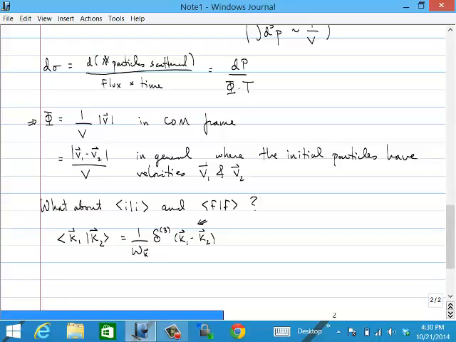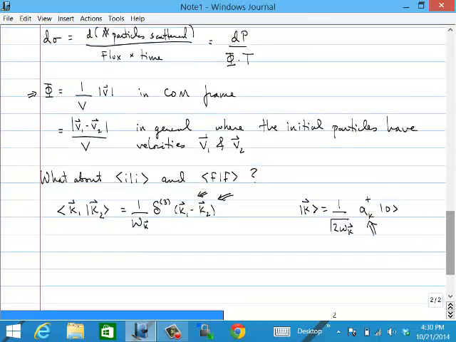Explicitly, if you work everything out in terms of harmonic oscillators, the state k is 1 over the square root of 2 omega k times this raising operator acting on the vacuum state. And this raising operator obeyed the usual harmonic oscillator algebra, which you could then use to go ahead and compute the norm of this state, and you would get this expression right here.